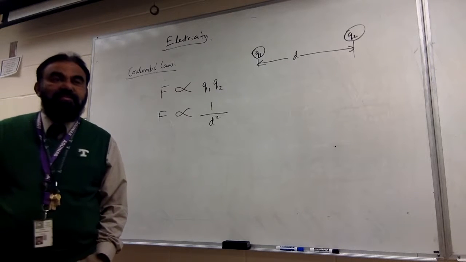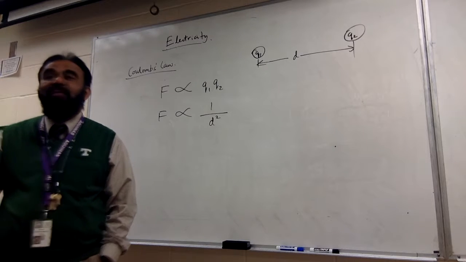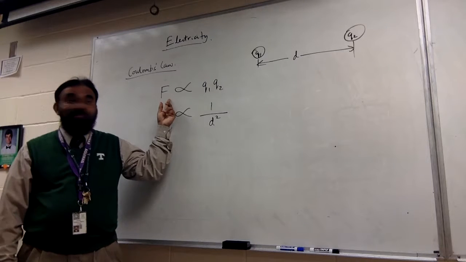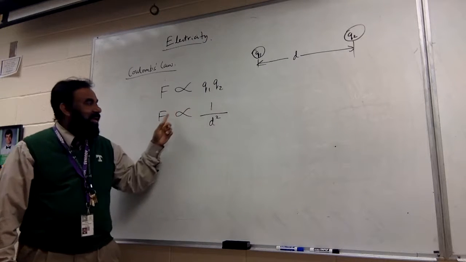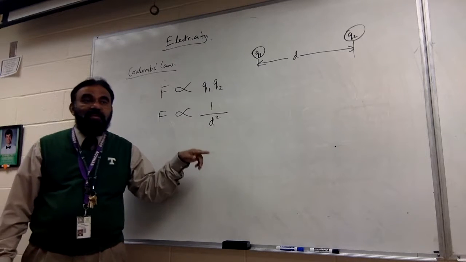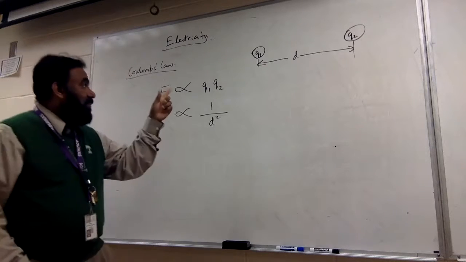Have you seen a similar kind of expression anywhere here? Gravitation. In gravitation, the force of attraction between two masses is proportional to the product of masses and inversely proportional to the square of the distance between them. Exactly the same thing. Also in magnetism, you'll be learning the same thing.